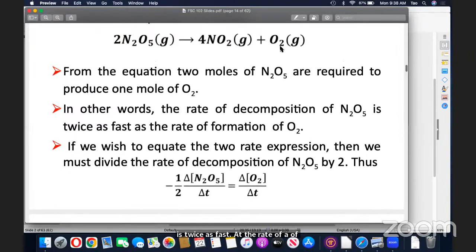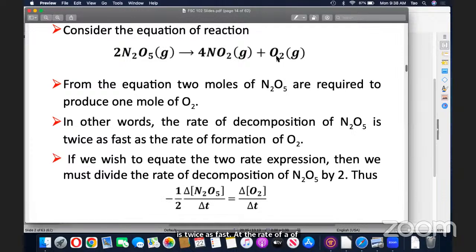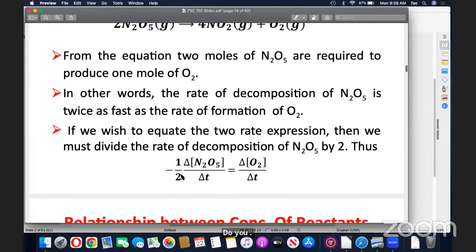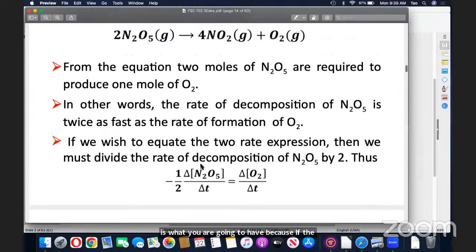If you want to equate the rate of formation of O2 to the rate of decomposition of nitrogen pentoxide, then since the decomposition of N2O5 is twice as fast as the production of O2, you're going to have to either divide this by 2, or multiply this by 2.